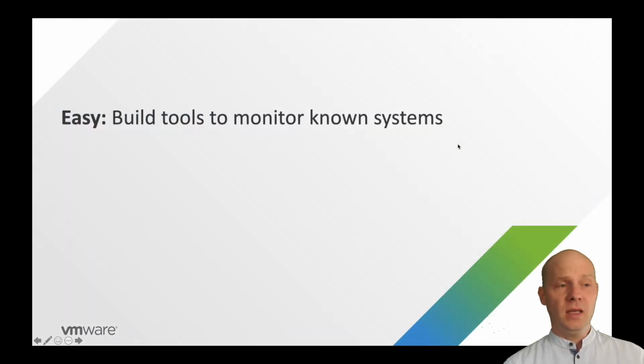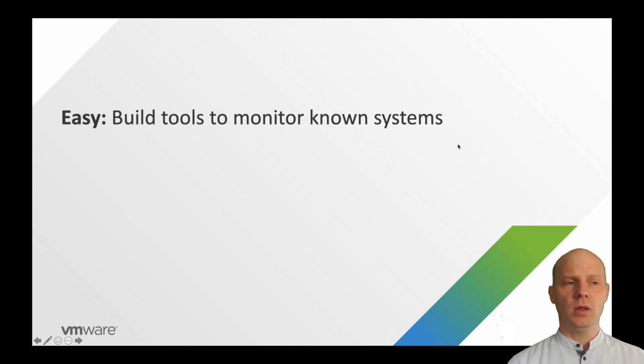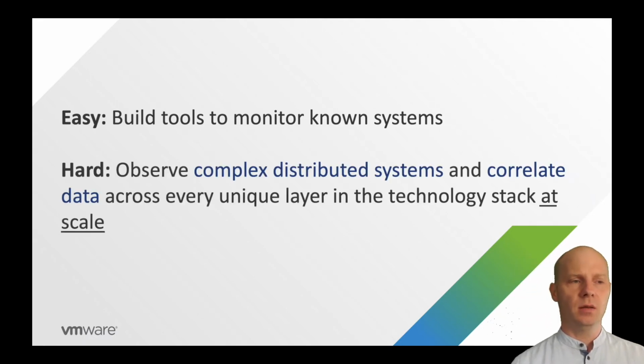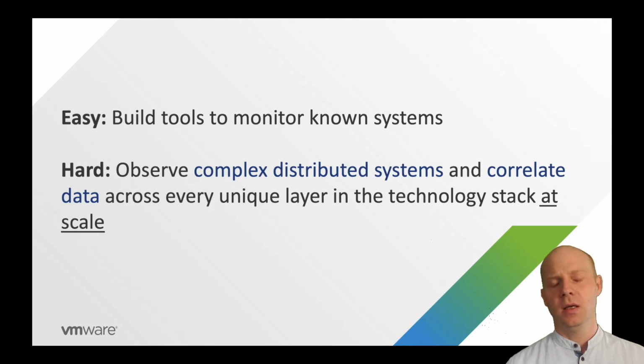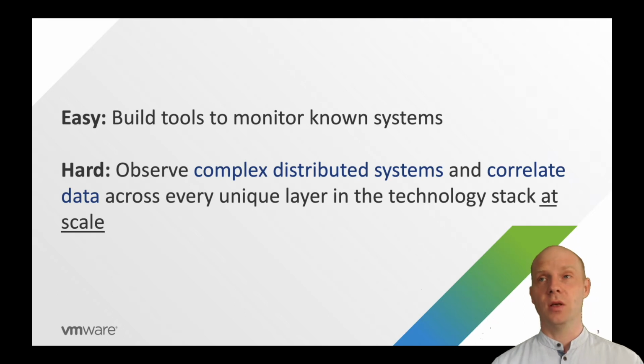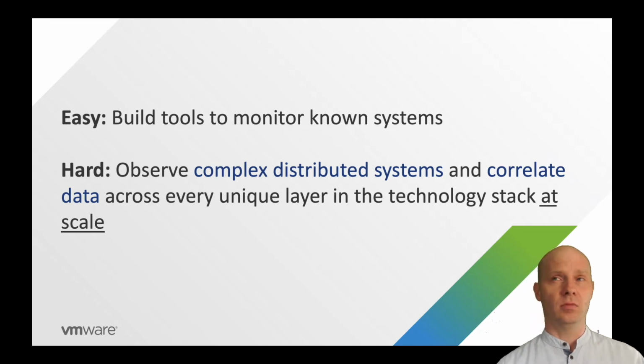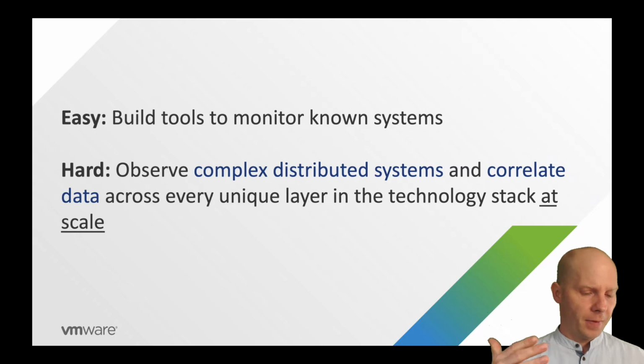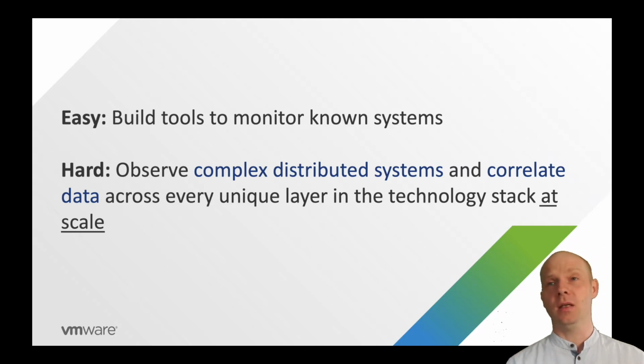So while it is easy to build monitoring tools for known static systems, things become a lot more complex if you're using distributed microservice-based applications that run in a wide variety of infrastructures. So you could have an application that has a front end in AWS and a back end that runs on-prem.